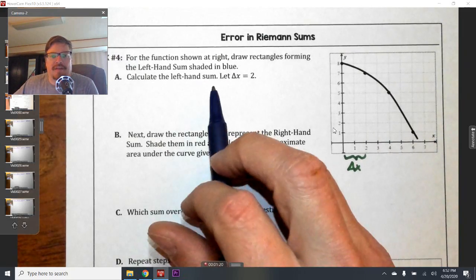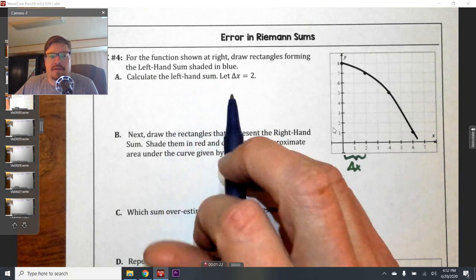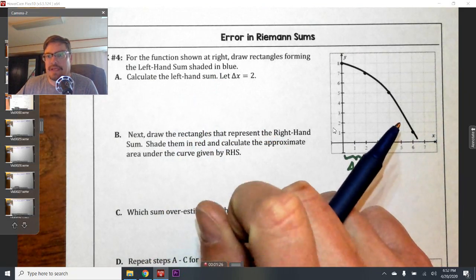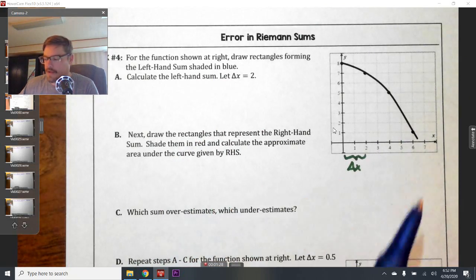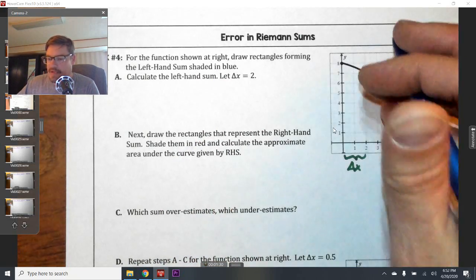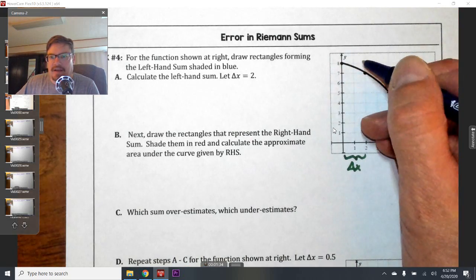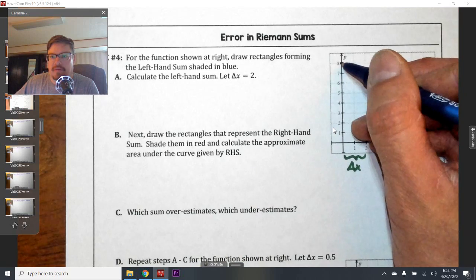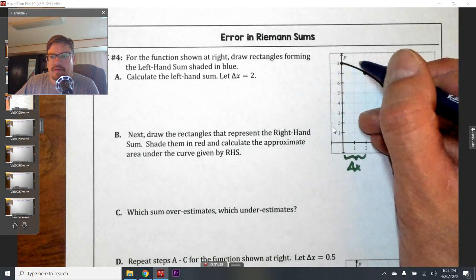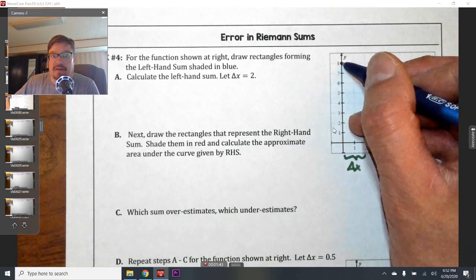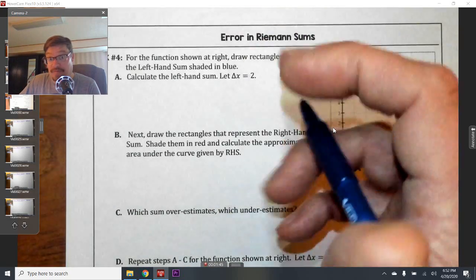What I need is the left top of the rectangle to hit the curve. So if I drew a rectangle right there, can you see how this would actually be the left side of the top of the rectangle?